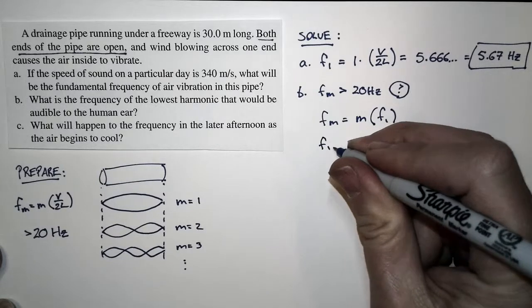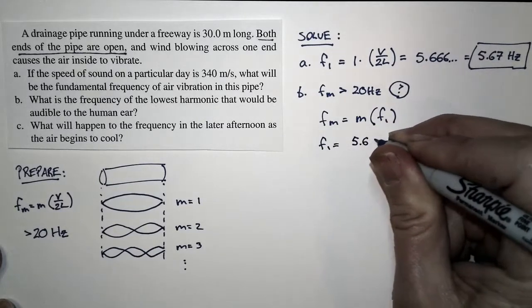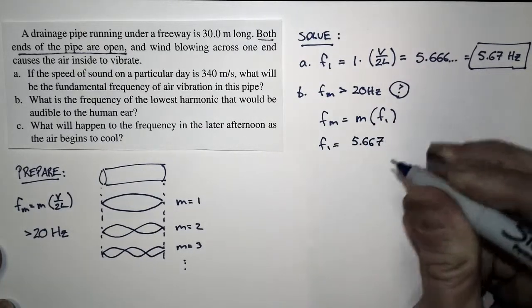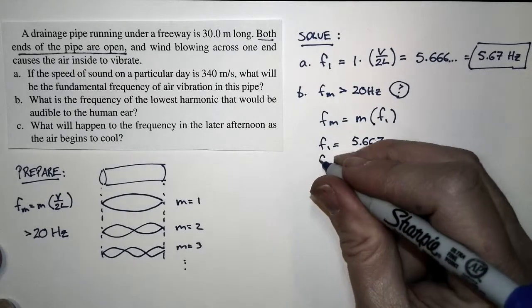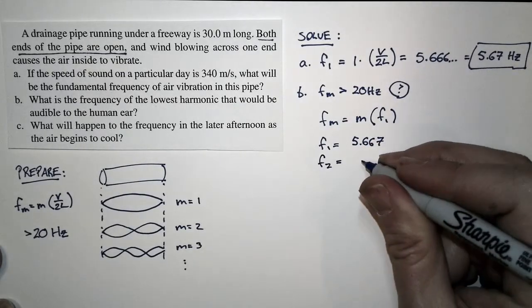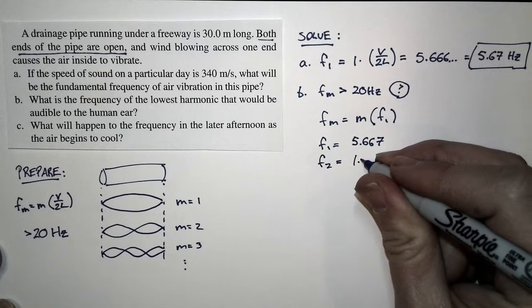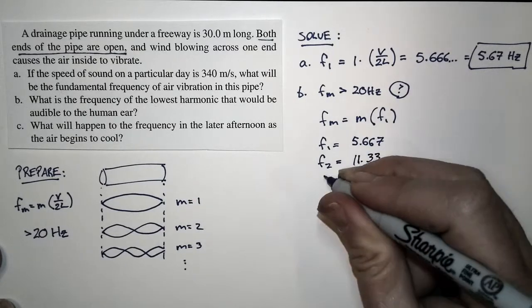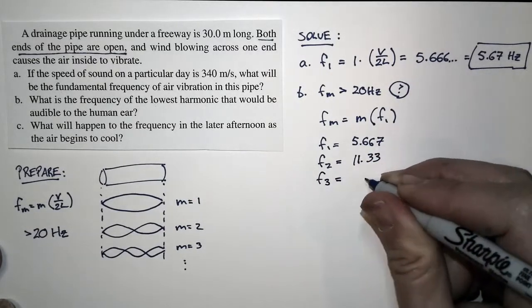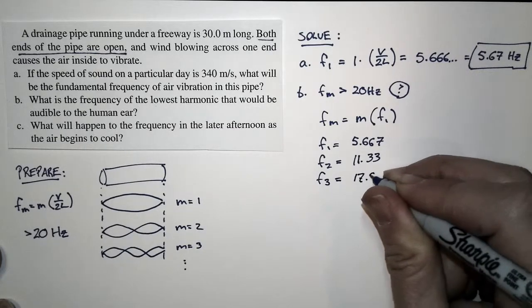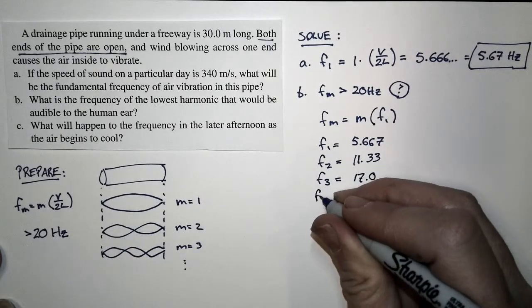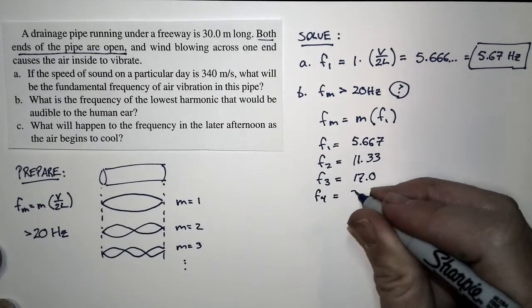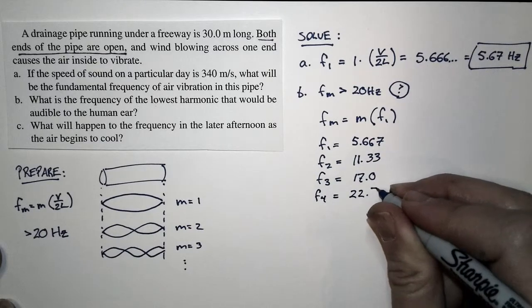f1 is equal to 5.667 hertz, keeping an extra significant figure. f2 is double that, which is 11.33 hertz. f3 is triple that, which is 17 hertz. f4 is 22.7 hertz.